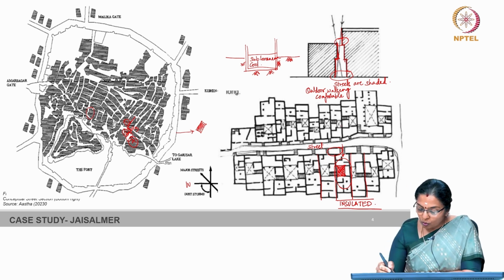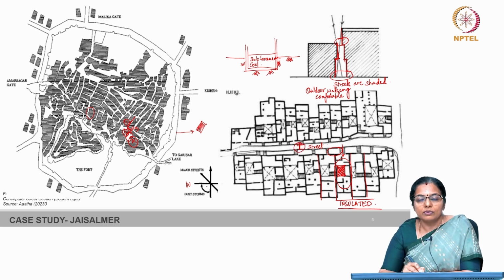And these houses open onto very narrow streets. So, these streets are extremely narrow. The street also has very high buildings around it, as you have seen, which we call as Haveli.